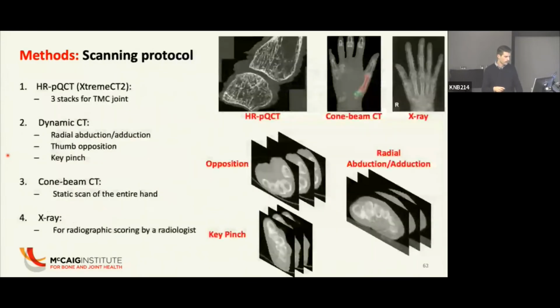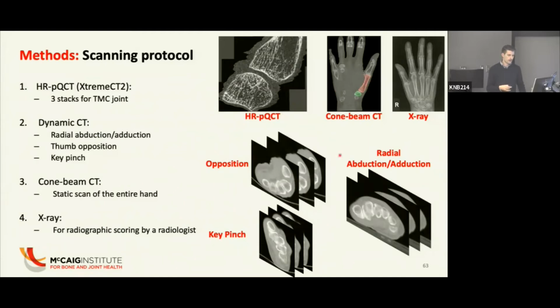For our scanning, we have quite a bit of scanning in this study. So we have our HRPQ CT, or high resolution scans, but in this case, we're not capturing the full joint, just 3 stacks of the TMC joint. And we get an image that looks something like this at the top after registration. We've replaced the full HRPQ CT image with this cone beam CT image, where we're doing our image segmentation as shown here.